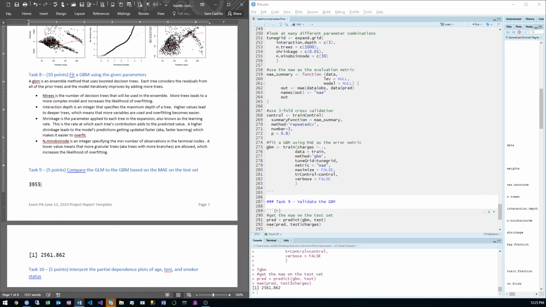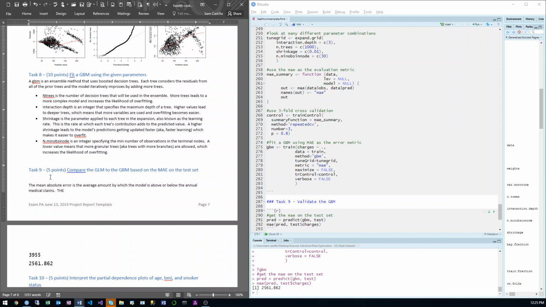So the mean absolute error is the average amount by which the model is above or below the annual medical claims.